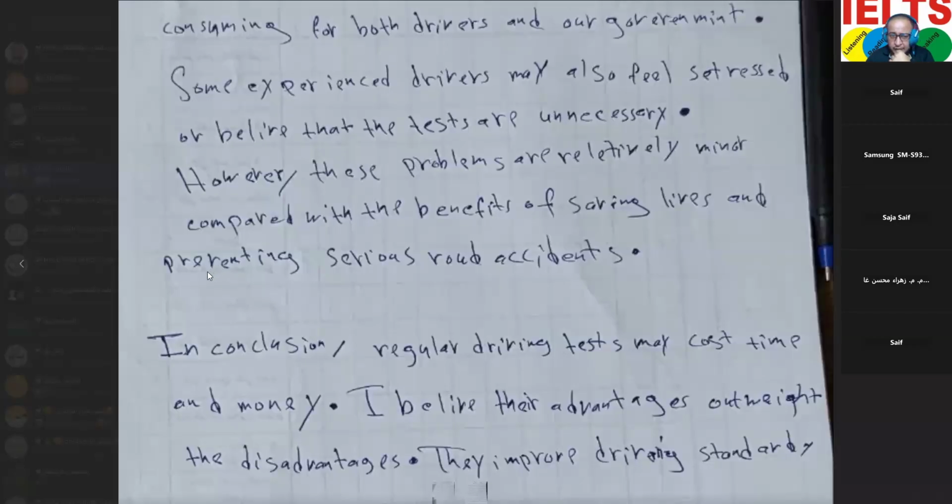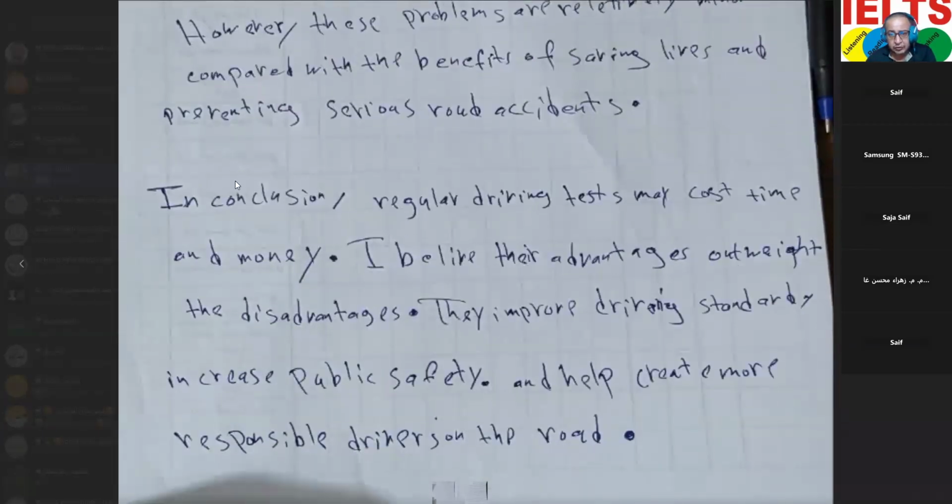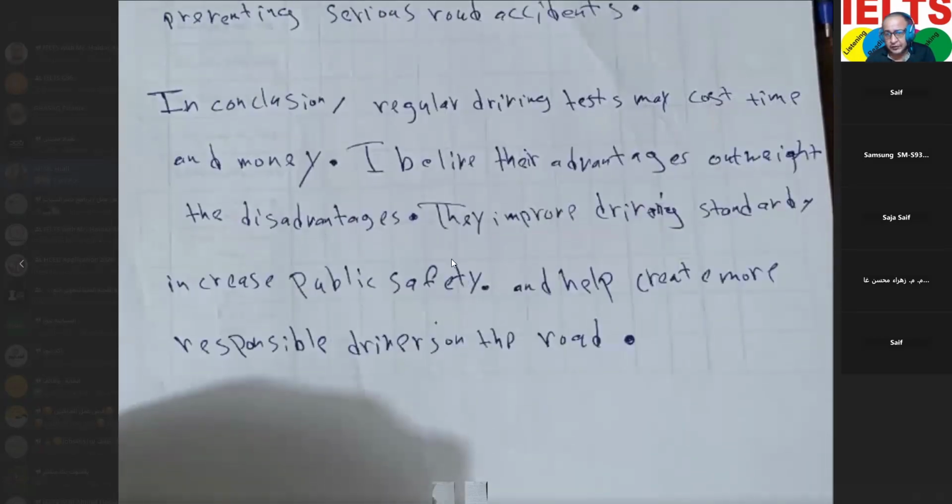Saving lives and preventing serious road accidents. In conclusion, regular driving tests may cost time and money. I believe their advantages outweigh, not outweight, without T, outweigh the disadvantages.